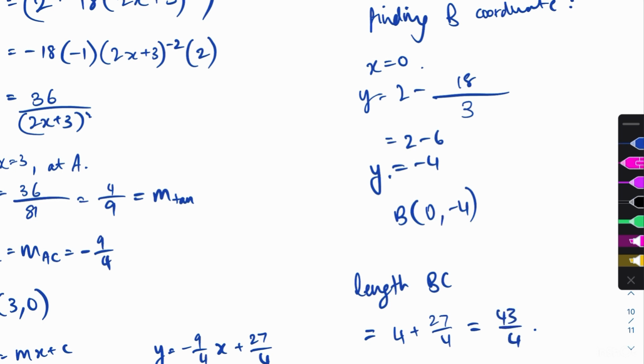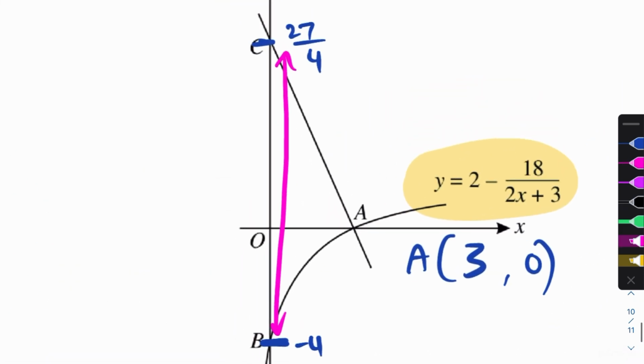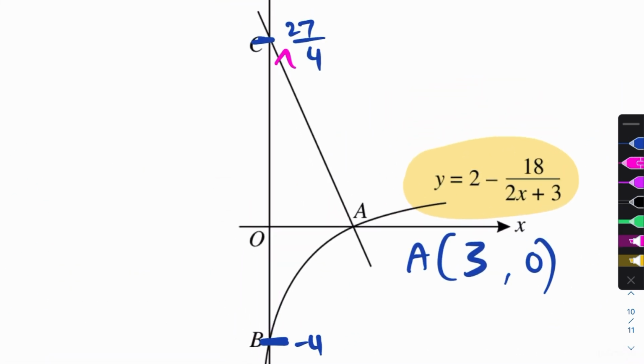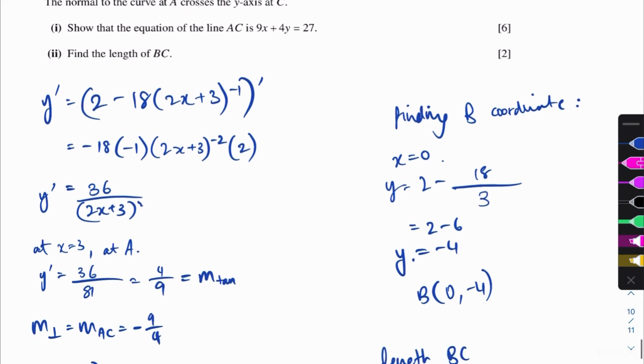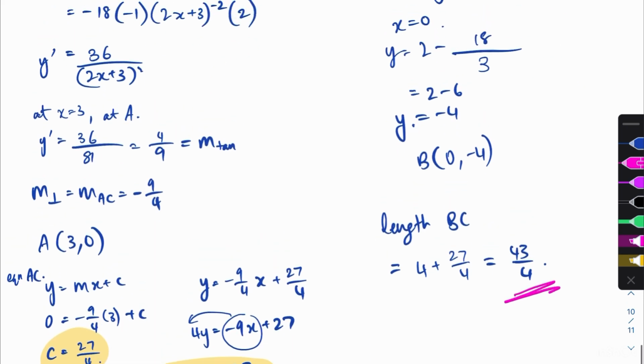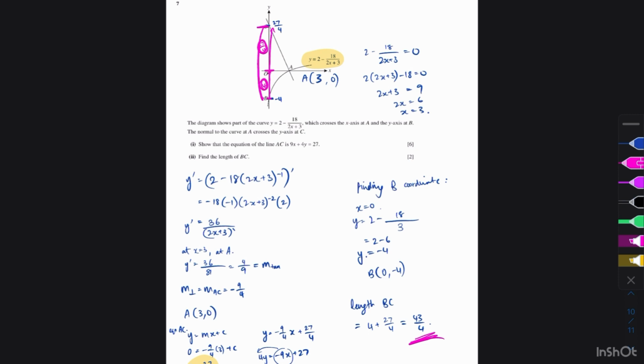And the reason I used +4 here and not -4 is because we're looking for the length. So from this point to this point, you have a length of 4. And from this point to this point, you have a length of 27/4. So the total length from here to here is going to be 27/4 plus 4, which gives us 43/4. So that's question 7 fully completed.